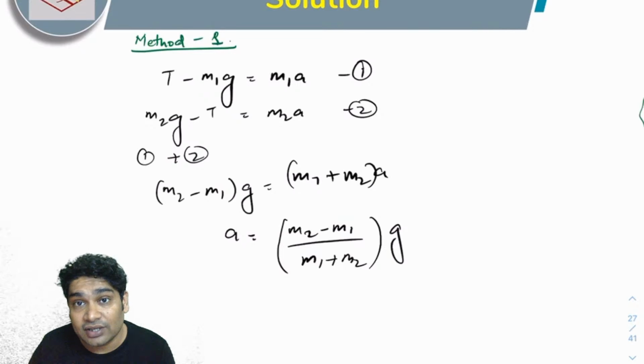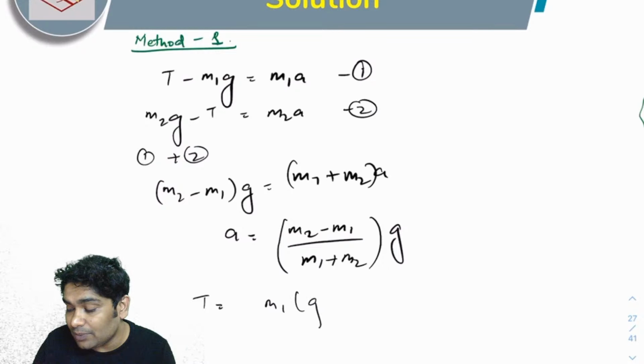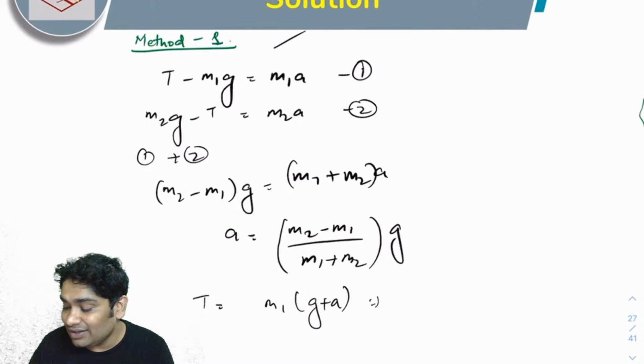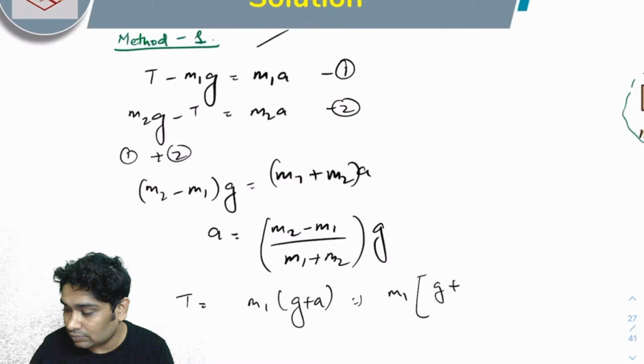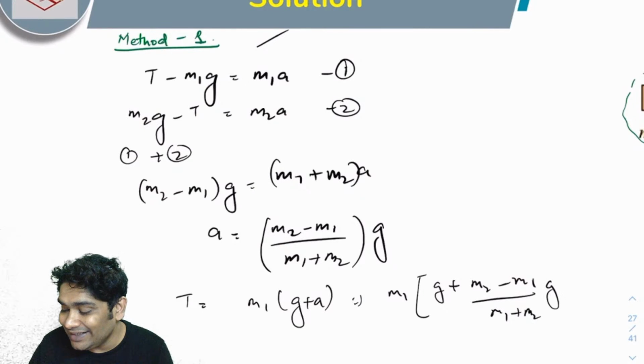Now that I have got my acceleration, it's very, very simple. The tension, I can substitute this value of A in any one of those. So T would be m1 times (g plus A), from equation number 1. Alright, so what is this? Let's see. m1 times (g plus A) is (m2 minus m1) over (m1 plus m2) g again.